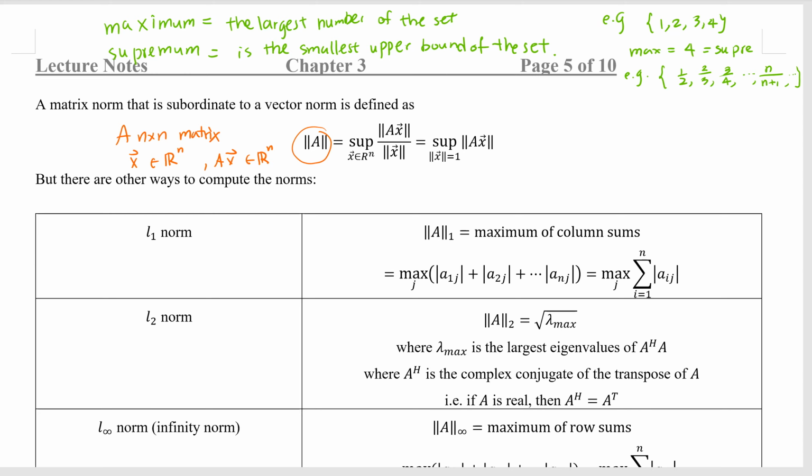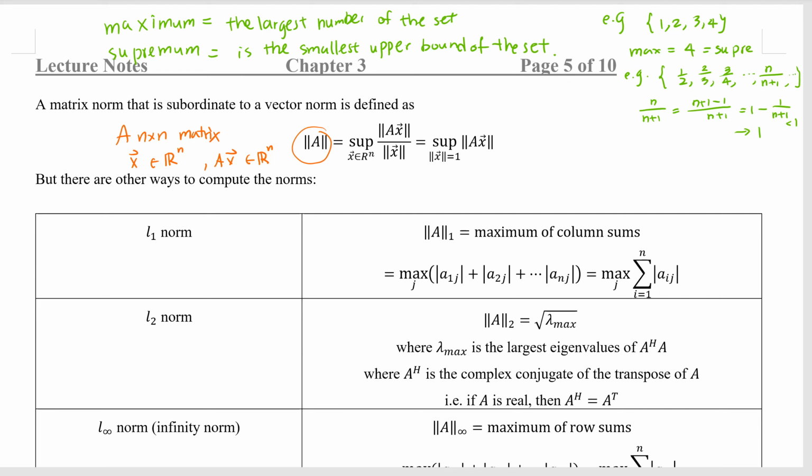And you know n over n plus 1 is the same as (n plus 1 minus 1) over n plus 1, so that is 1 minus 1 over n plus 1. So when n is getting bigger, this is getting close to 1, right? It's smaller than 1, right? All of them are smaller than 1, not equal, but getting closer to 1.